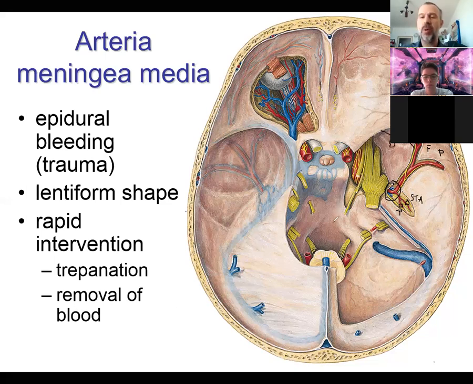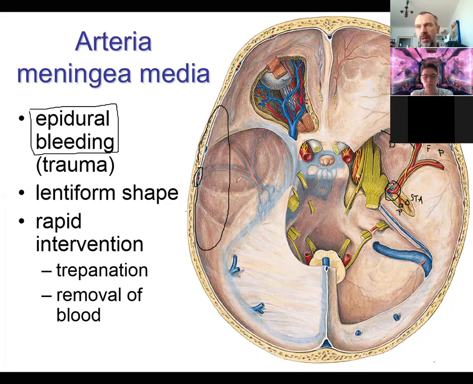But what is important is that when we get a hit to the skull, the artery can be torn and bleeding starts, which we call epidural bleeding, because the blood gets between the bone and the dura mater where the artery is, and it enlarges and forms a lentiform shape bleeding.